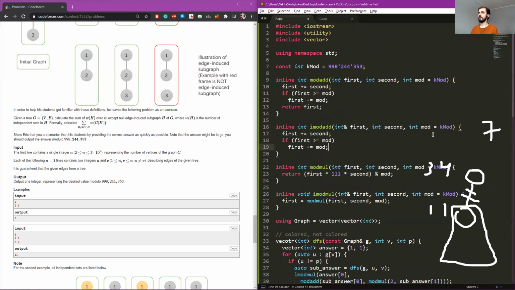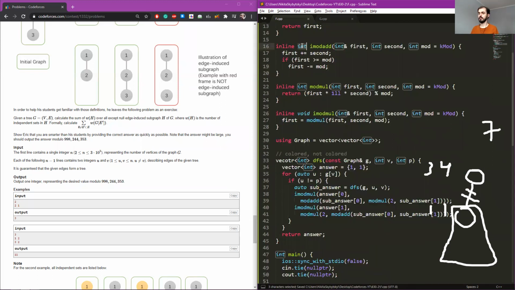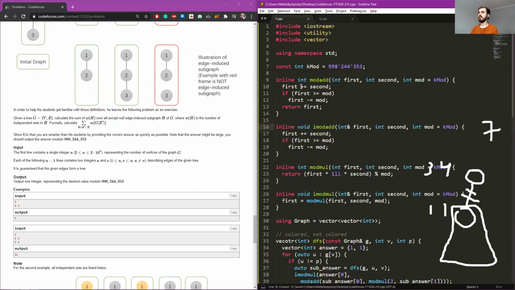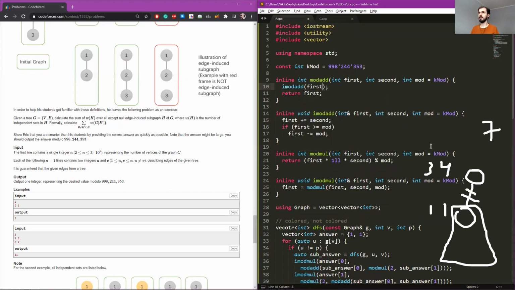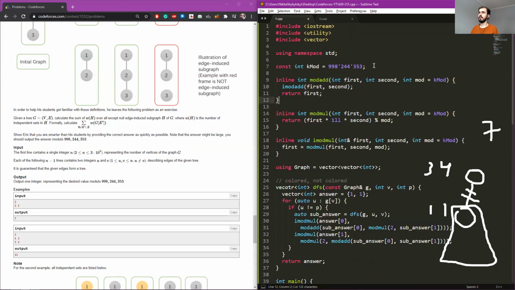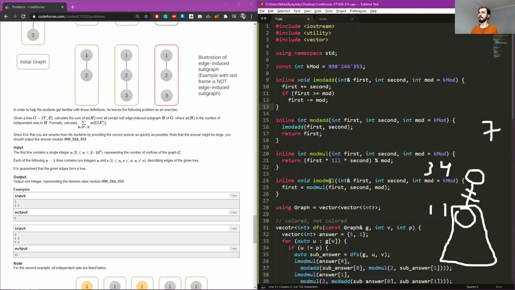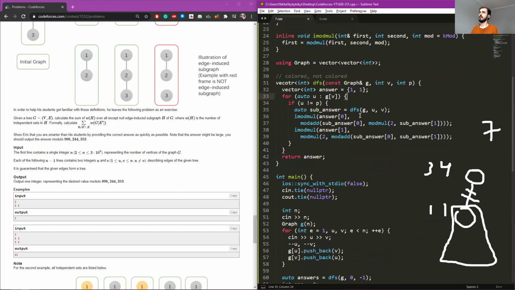You can literally do this, don't even return. Interesting, right? In this case, it's easier to go this way. In this case, it's easier to go another way.